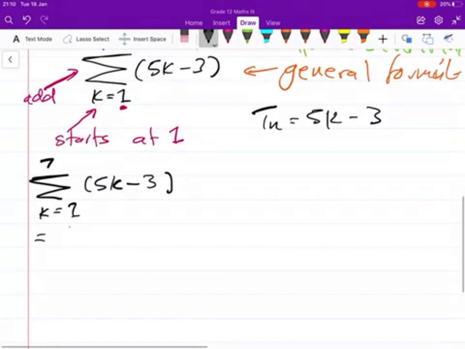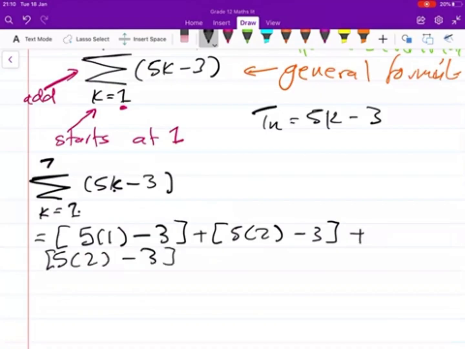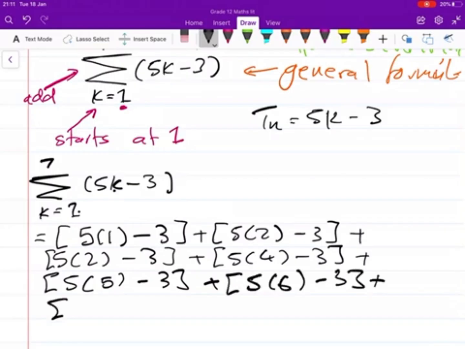The first value we substitute into the general formula is 1, then we substitute 2, then 3, then 4, then 5, then 6, and lastly we stop at 7.